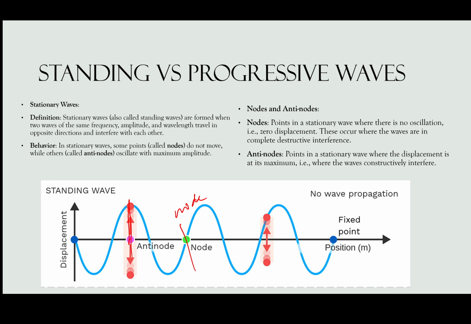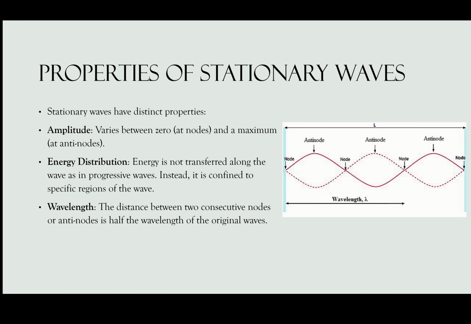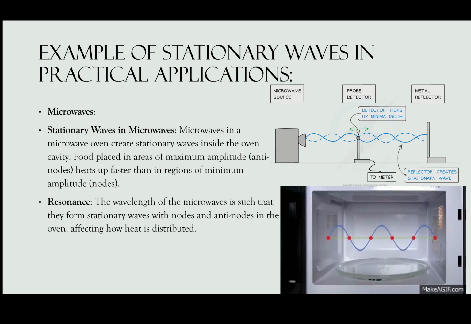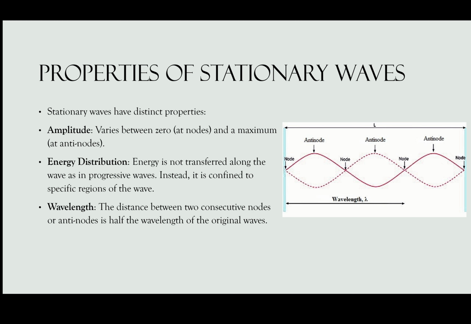That's understanding a standing wave. You have waves that actually don't propagate. For example, we're going to look at an example of a standing wave. The amplitude varies between 0 at the nodes and maximum at the antinodes. So amplitude is 0 at the node, amplitude is maximum at the antinode.